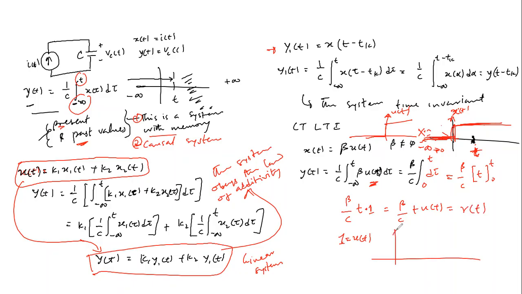So hence, we have a ramp function r of t equal to t u of t. So meaning the system is unstable. Okay, because the output is not bounded, it extends to infinity. Okay, the output extends to infinity, so it's not bounded at the amplitude axis.